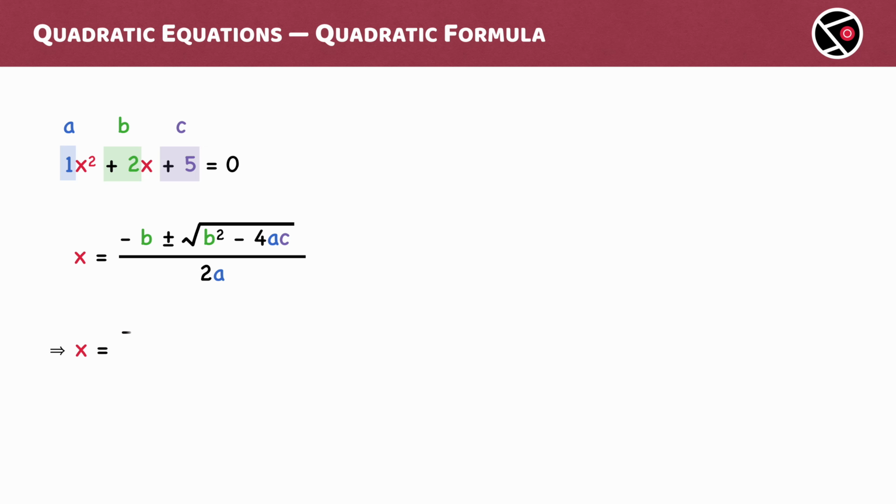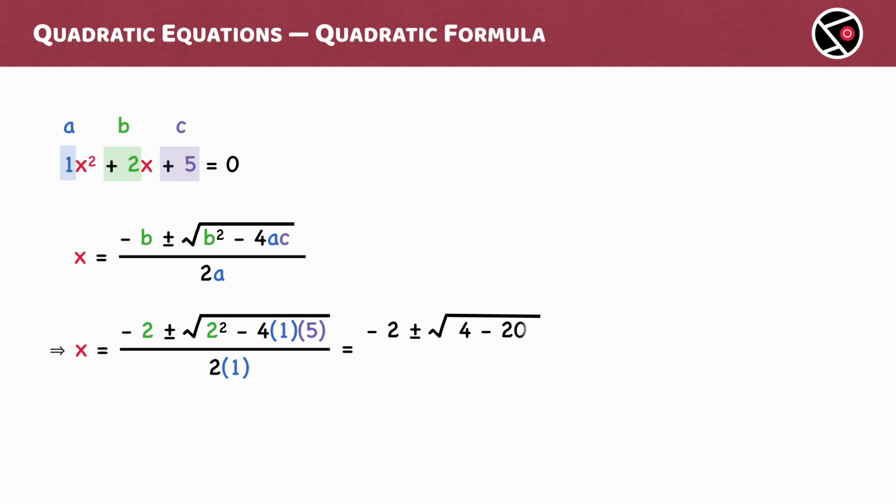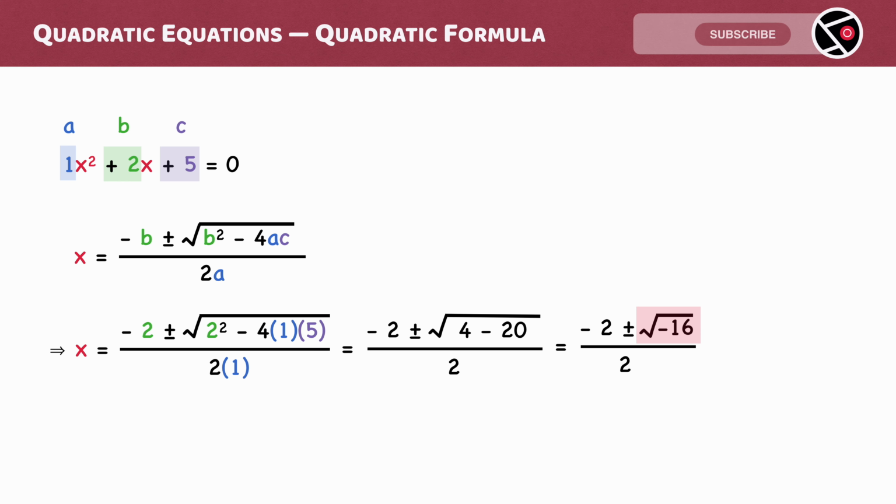X is minus 2 plus minus square root minus 16 over 2. We have the square root of a negative number. This equation has no real solutions.